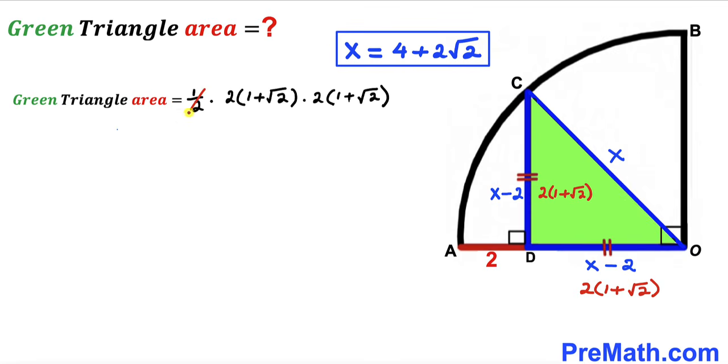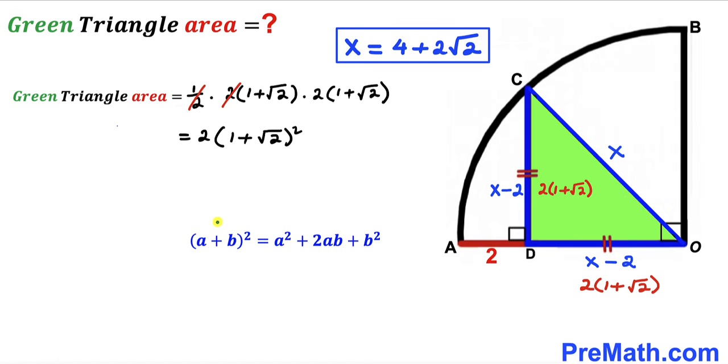And here we can see 1 divided by 2, and 2 is gone. So therefore we could write 2 outside, and then times 1 plus square root of 2 whole square if we multiply these two factors.